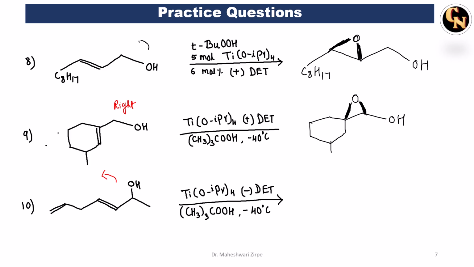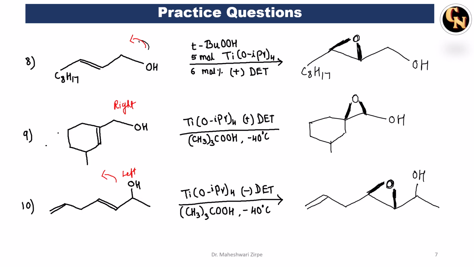So if the OH is on the left hand side after rotating it, and minus DET, you should again get a wedge, that is above the plane. So this is how you are going to get the product, this way.